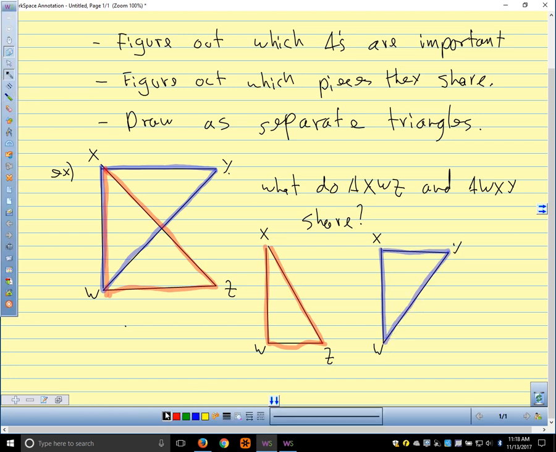So what do those two things have in common? Segment XW. We can see on this triangle we have a segment XW, and here we have a segment XW. We highlighted blue and red along segment XW. So the segment that they share is segment XW.